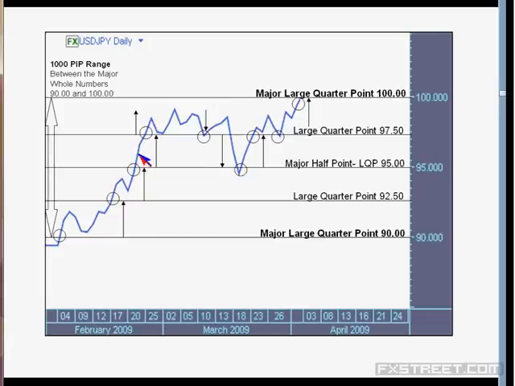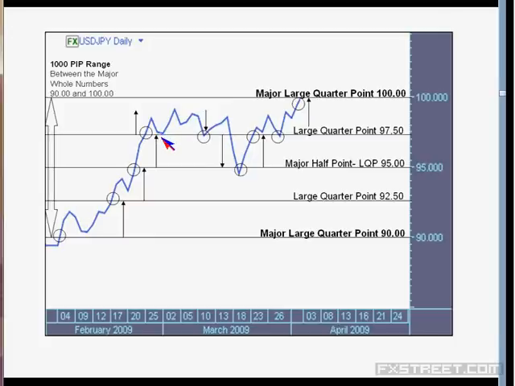When prices break above 95 yen, we get to see a move targeting the large quarter point above at 97.50. We complete the quarter, and then prices break above 97.50, making an attempt to move to the 100 yen level. Unfortunately, prices stop in the middle, and we get a familiar price pattern which takes prices back to another familiar level.